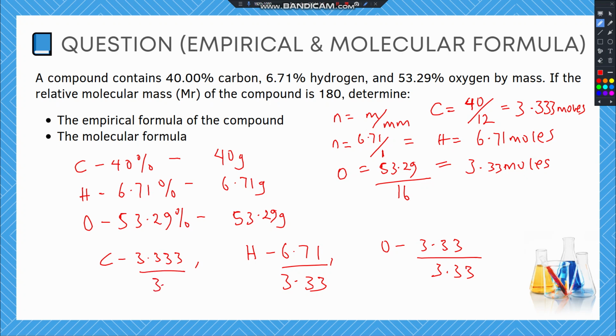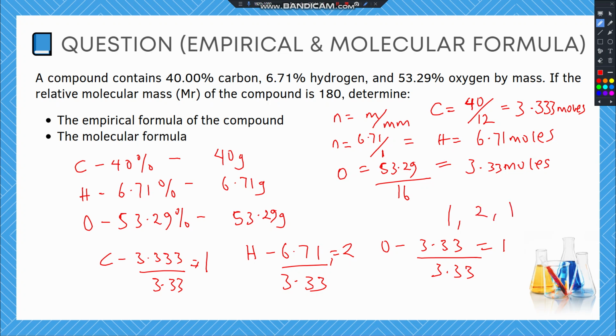When we do that, the first one is approximately equal to 1. The second one, 6.71 divided by 3.33, is also approximately equal to 2, and the third one will be equal to 1. So we have 1, 2, and 1.